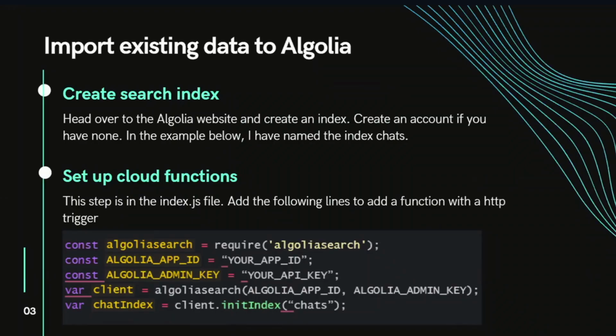Then the next thing you need to do is initialize your client, and basically you use the Algolia search, which takes 2 arguments. That's the app ID and then the admin key. In my case at that time, I thought I wouldn't change that much, so I decided to use the case study of a chat application, a chat functionality. So I decided to use an index called chats.